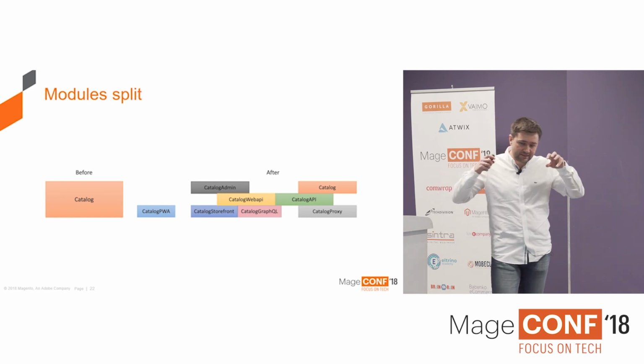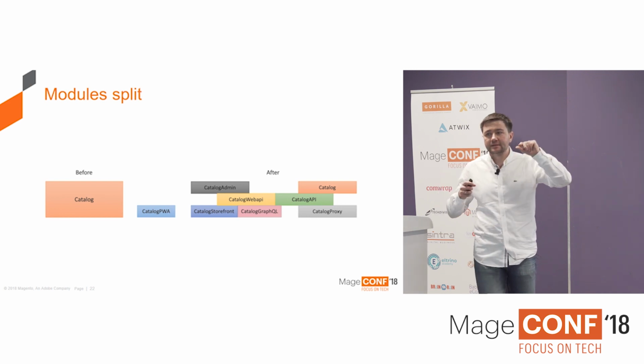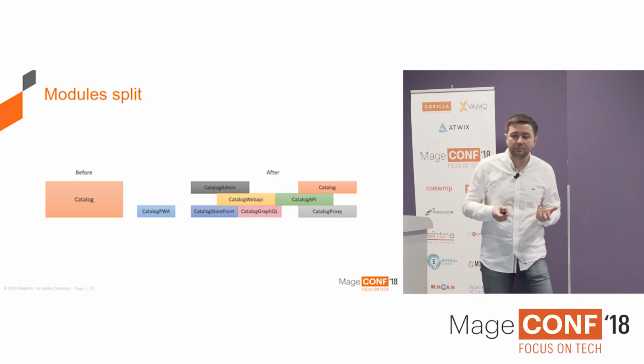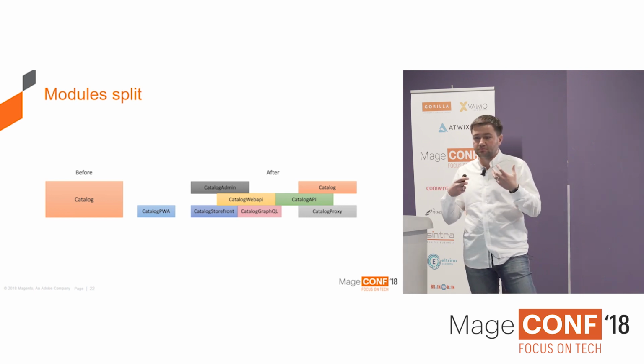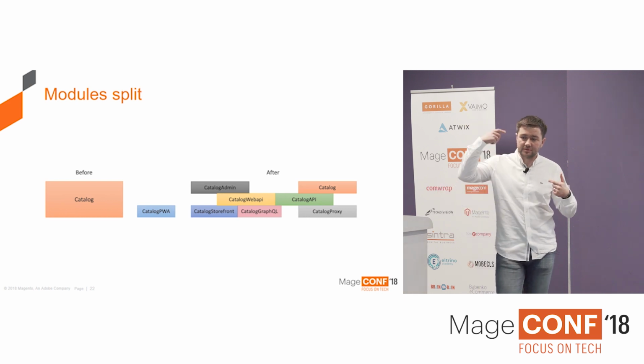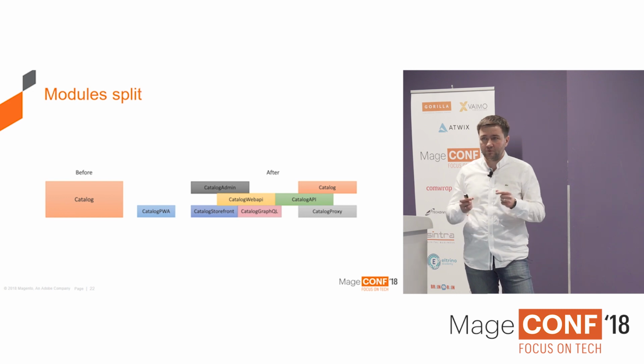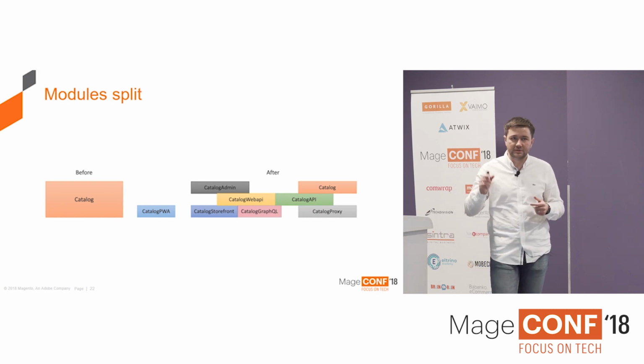These small blocks are easily switchable. If you need to substitute a particular implementation, you just substitute it with your module. It is much easier to substitute small blocks than big ones.